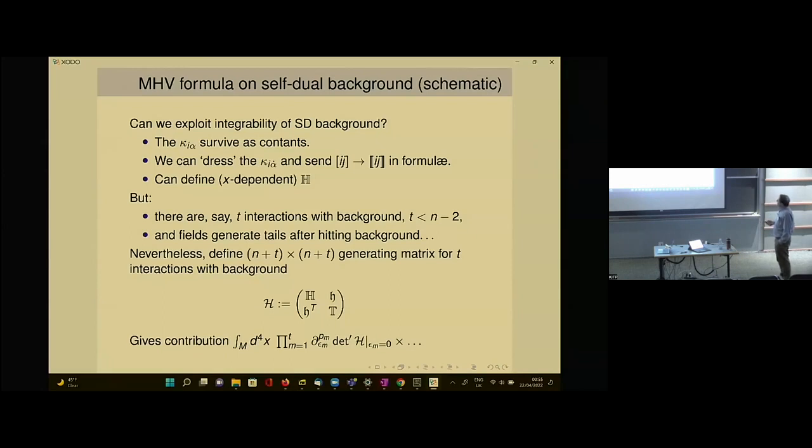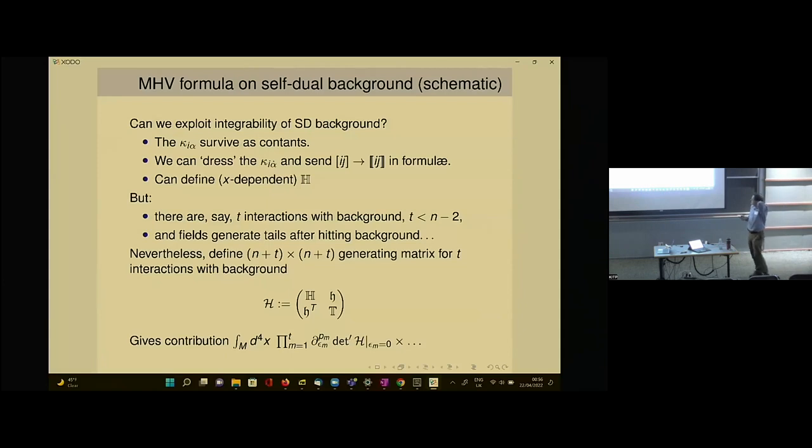So, what do you expect to happen on the background? Well, first of all, one of the nice things about self-dual backgrounds is that they admit covariantly constant undotted spinors. So these kappas for your particles survive as constants. And furthermore, because we're talking about asymptotically flat spacetimes, we can prepare our momentum eigenstates at infinity.